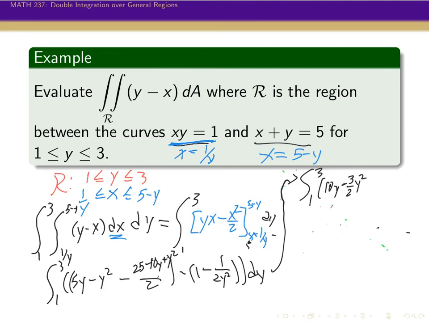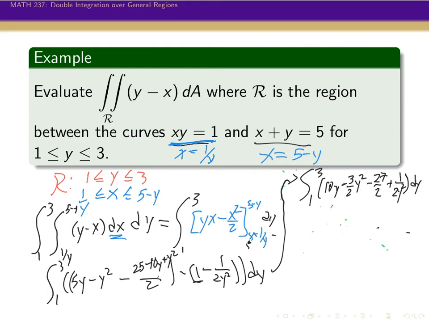And I have minus 25 over 2, but then I have another minus 1 over here, so minus 25 over 2 minus 1 is going to give me minus 27 over 2. And then lastly, I have minus 1 over 2y squared. And now we're doing the integral in terms of y.